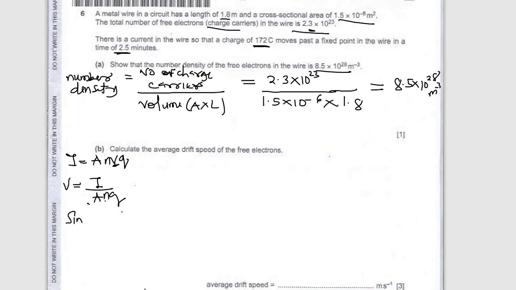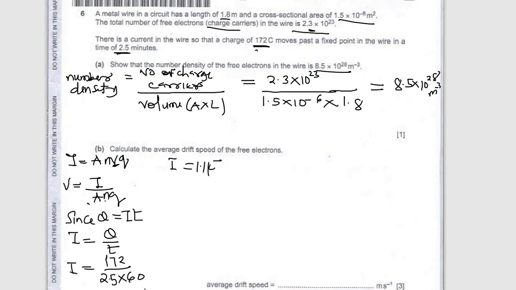Since Q equals I t, I is Q over t. So the charge that passes through the wire is 172 coulomb. The time it passes for is 2.5 minutes, that's 2.5 times 60. So at the end of the day, our current is 1.147 amp.